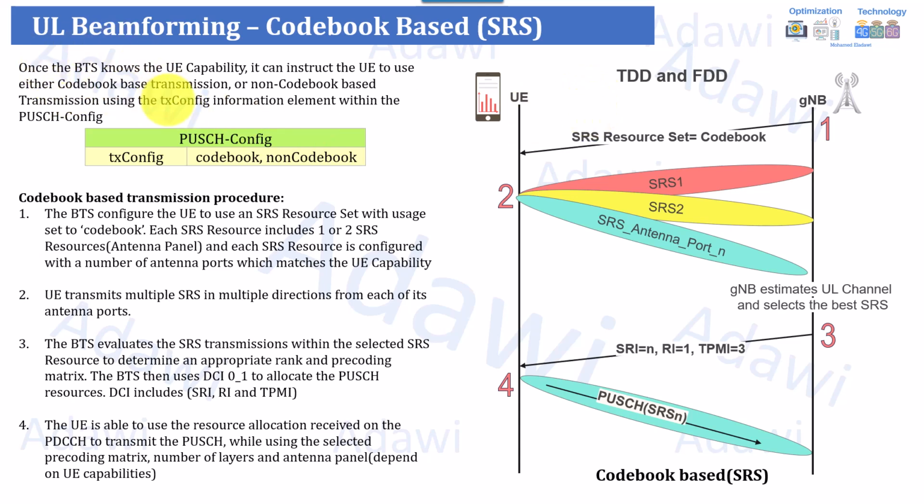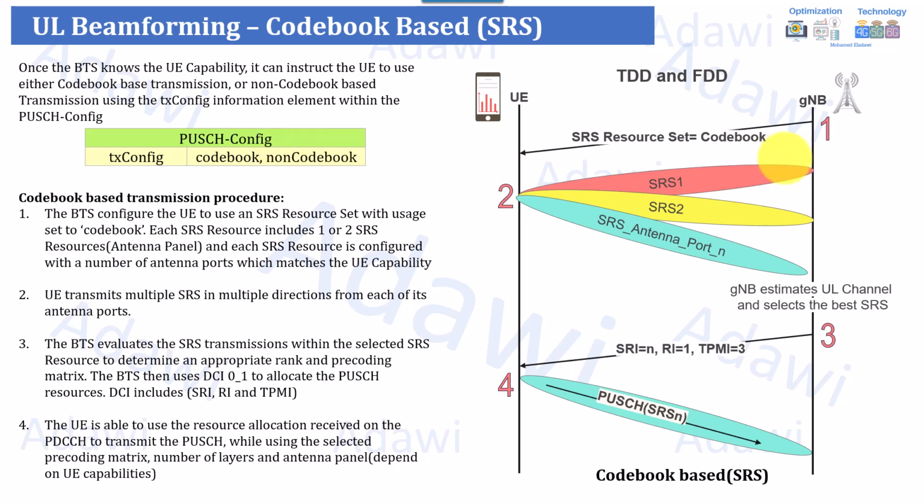Once the BTS knows the UE capability, it can instruct the UE to use either codebook-based or non-codebook-based transmission using the txConfig information element within the PUSCH-Config. This is in the RRC reconfiguration message, under the PUSCH configuration, where it tells the UE, for example, that the txConfig is codebook, and so on.